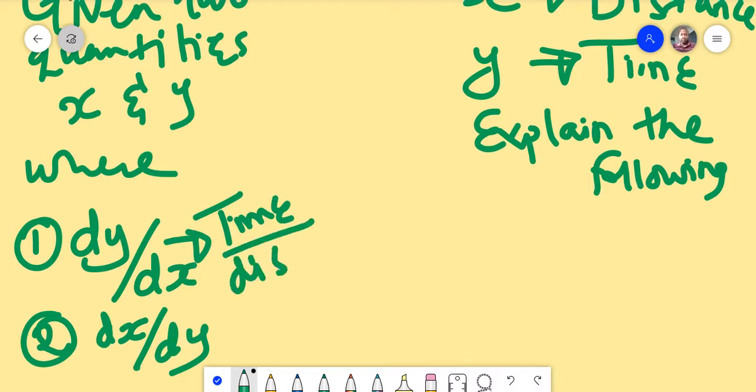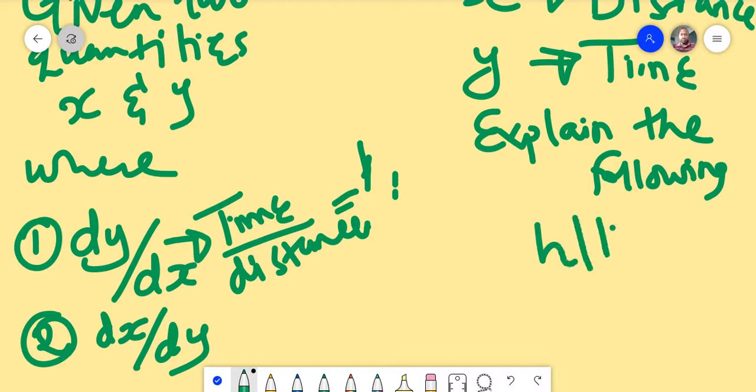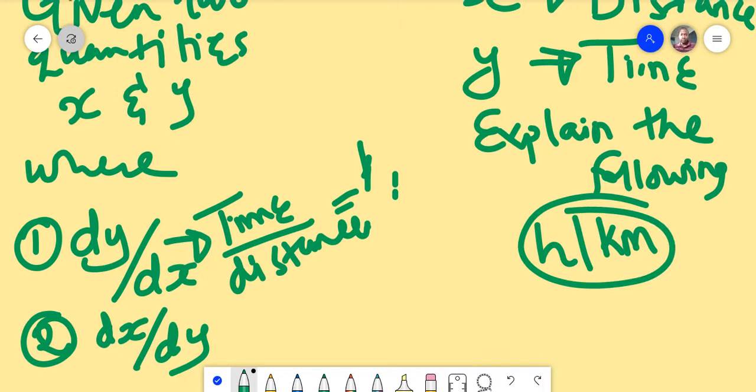Time is changing with respect to distance, isn't it? So when time is changing with respect to distance, this is nothing but an inverse speed, in the sense that the units will be given in hours per kilometer instead of kilometers per hour. So the first one is an inverse speed.